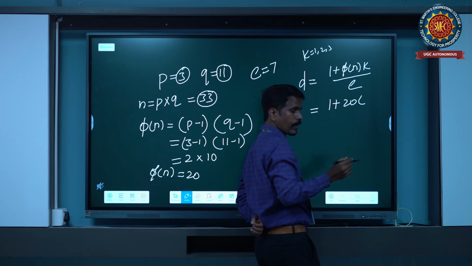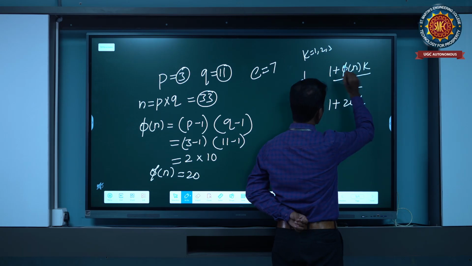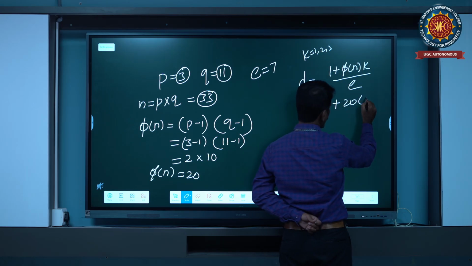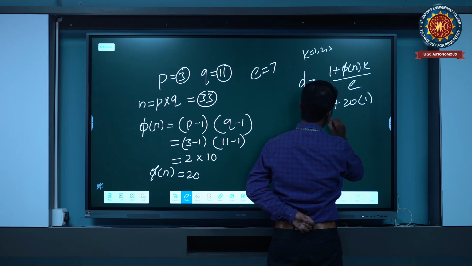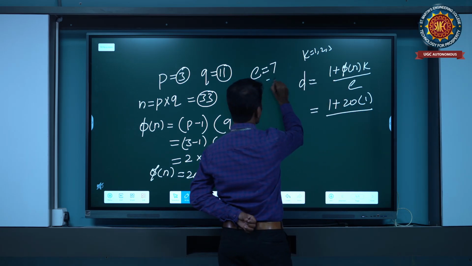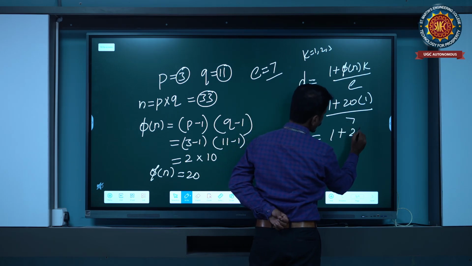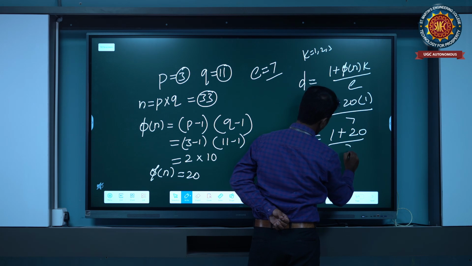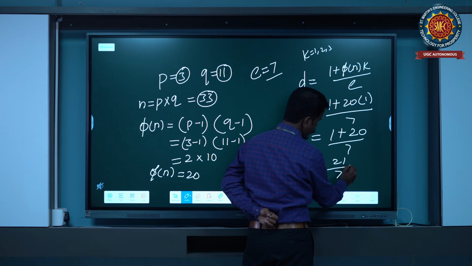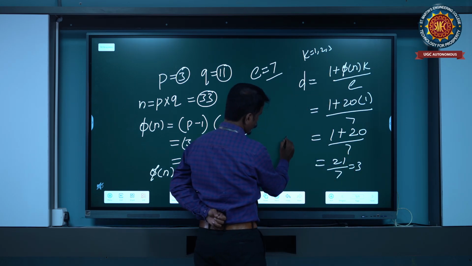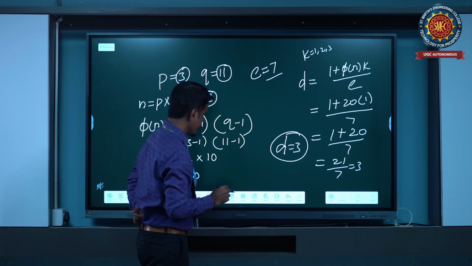Here the first k value is 1, and e is 7. So 1 plus 20 is 21, and 21 divided by 7 gives the result. So the d value is 3.